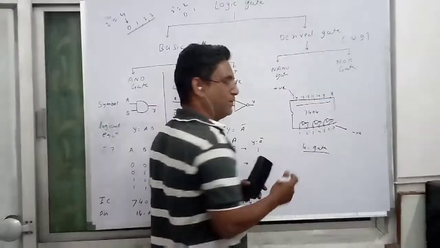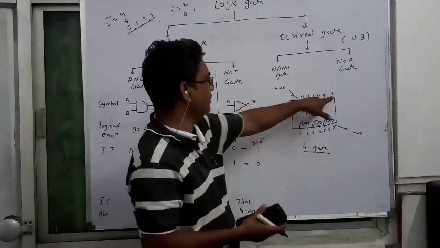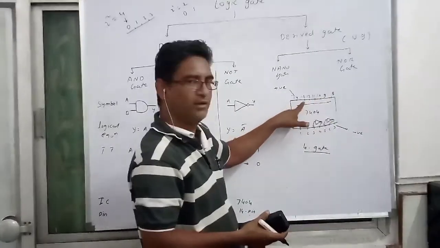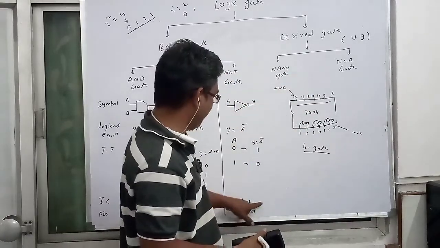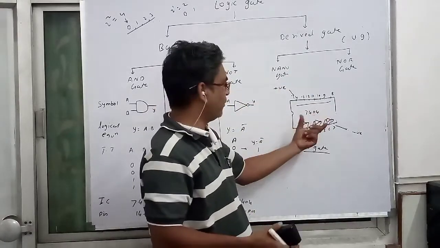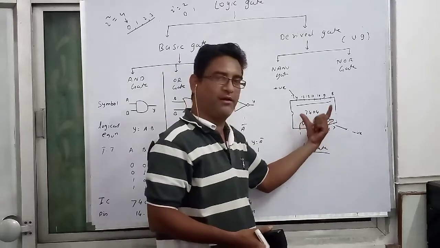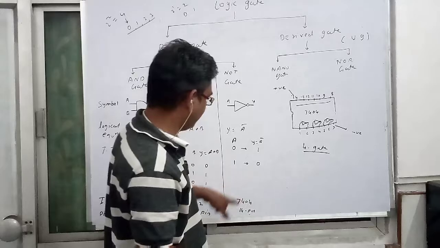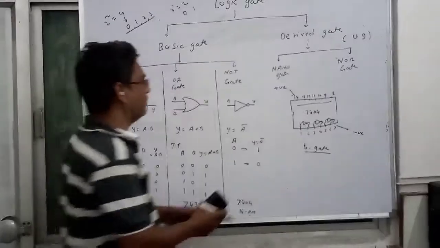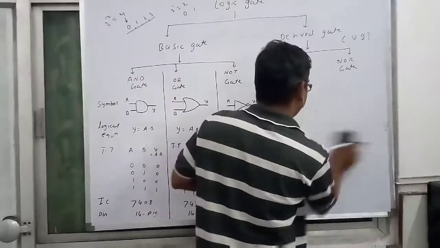Likewise here also, the same arrangement is connected from pin number 8 to pin number 13. So the 7404 IC consists of 14 pins. The only difference is that there are 6 gates in one IC, that is the 7404.